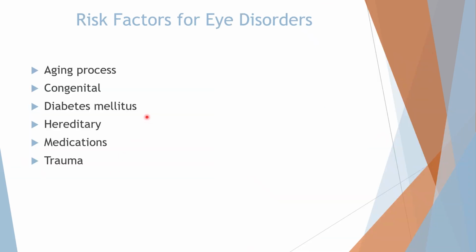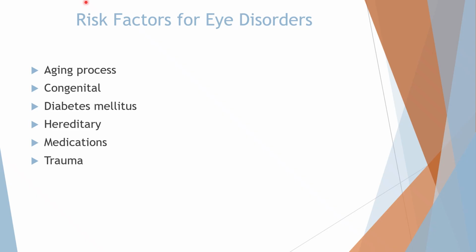Some risk factors for all these eye disorders. Okay. Aging process, as we get older, we have age-related changes in our eye, right? The muscle within our eye changes. We have vision-related changes.